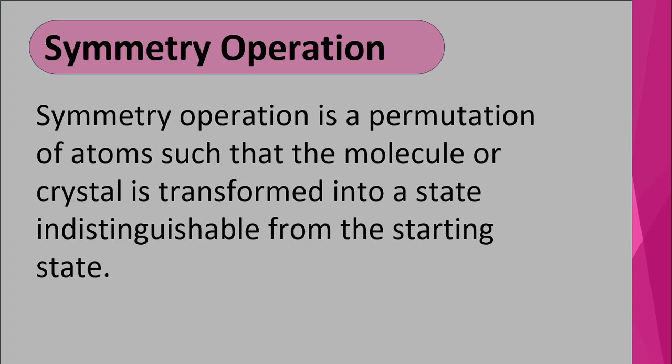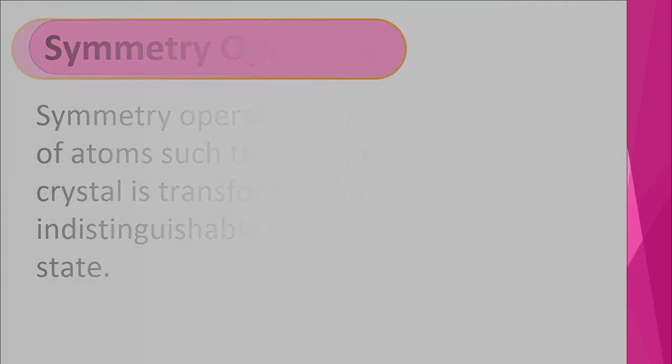You have to rotate the molecule to get the indistinguishable orientation. You have to perform some symmetry operations: rotation, reflection, inversion. It is nothing but the use of a symmetry element for performing the symmetry operation.